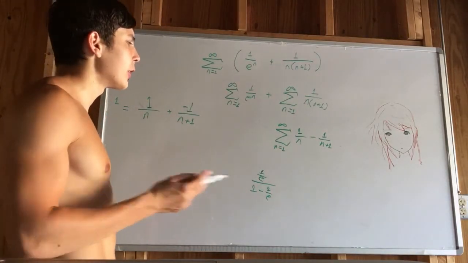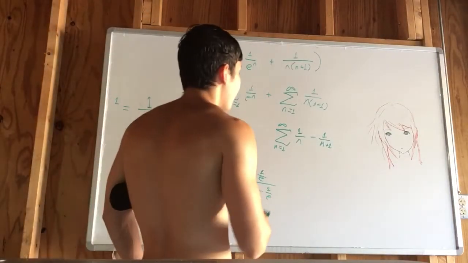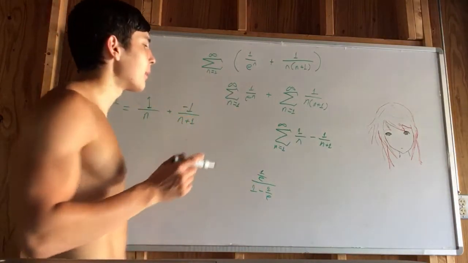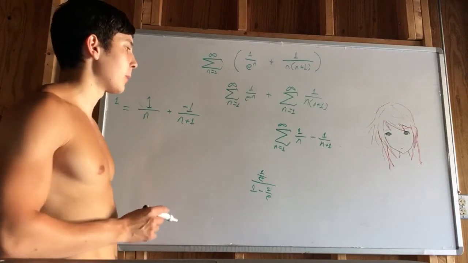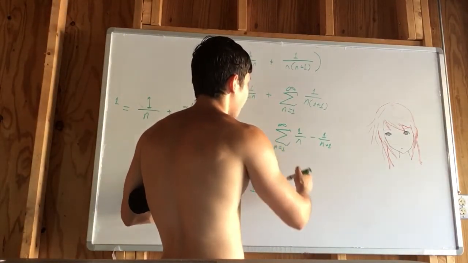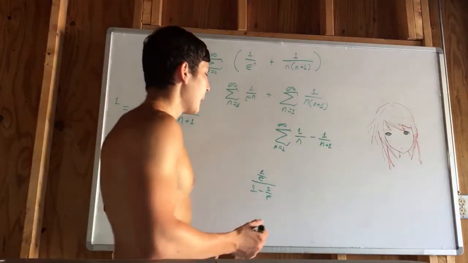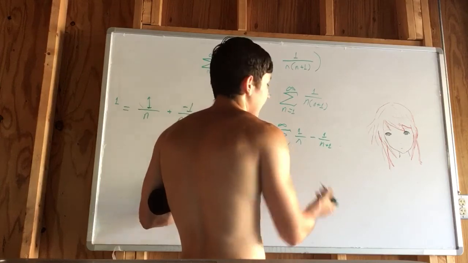And now I encourage you to think about this for a moment, because what would we do here? What could we do? Well, we could plug in terms. If we start plugging in terms here, because that's ultimately what we're going to infinity, we have to look if something cancels out.